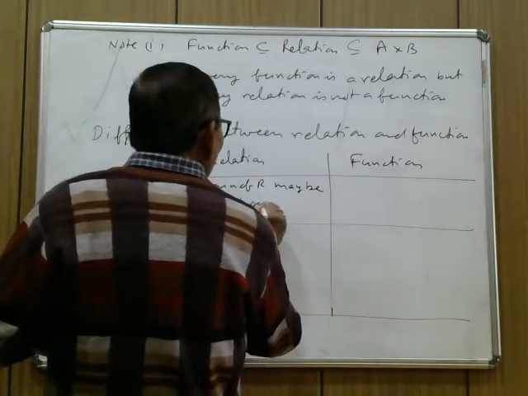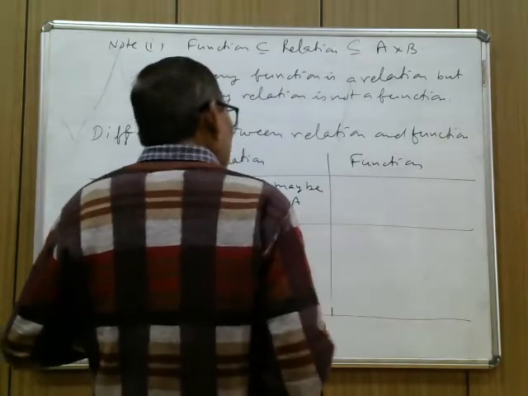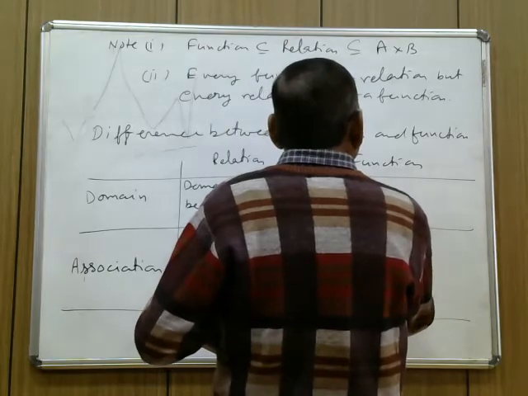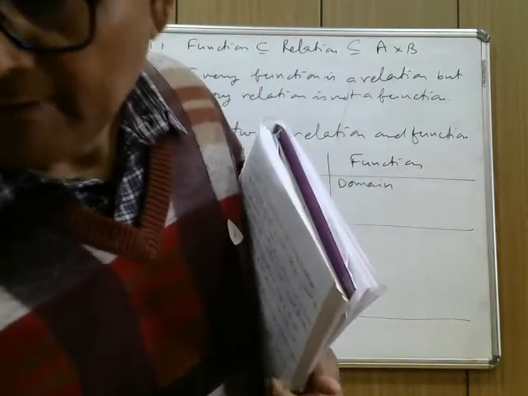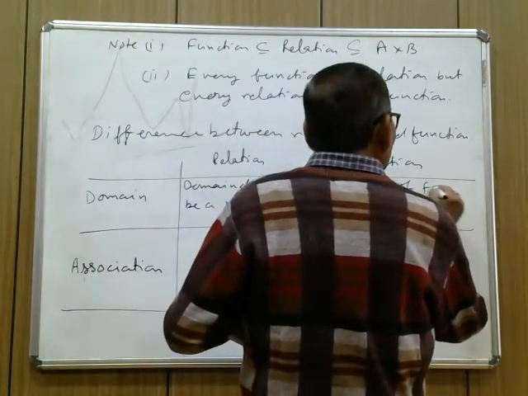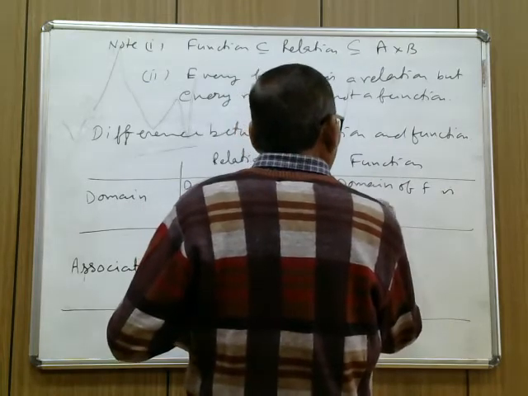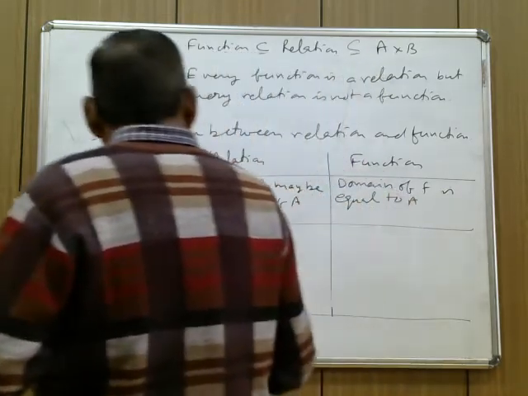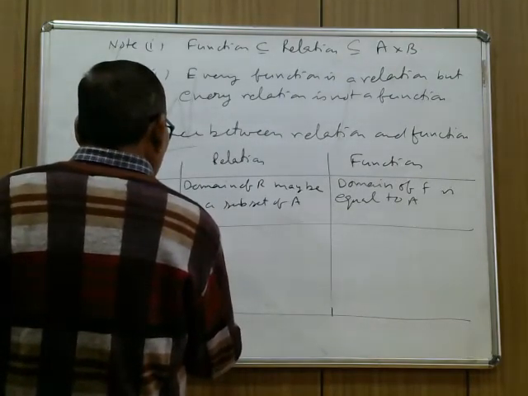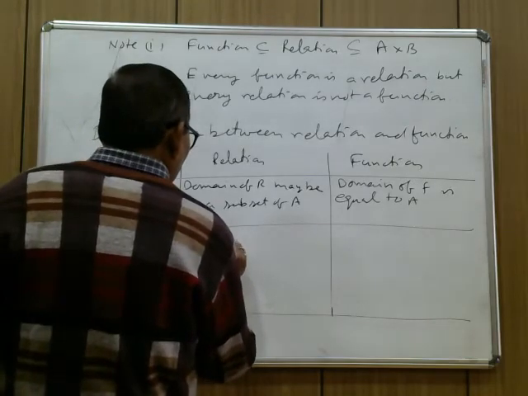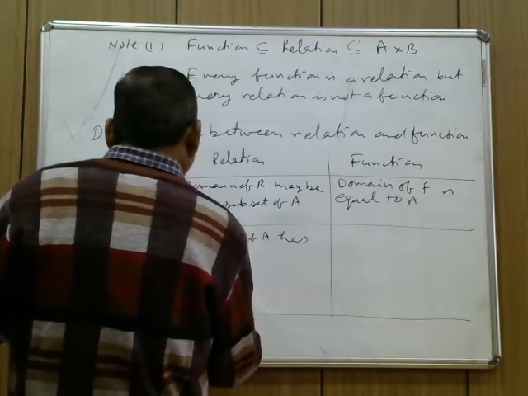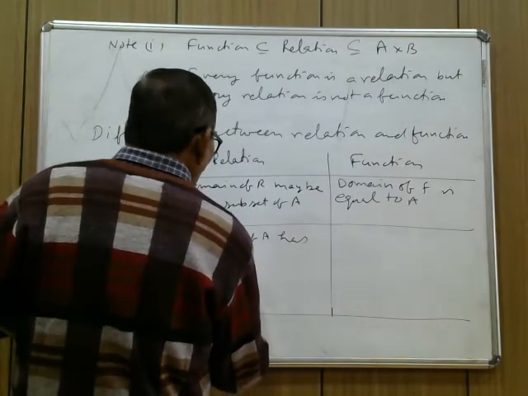Here, the domain of function f is equal to A. In a relation, an element of A has more than one association.